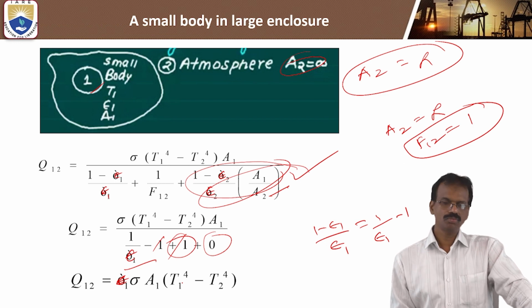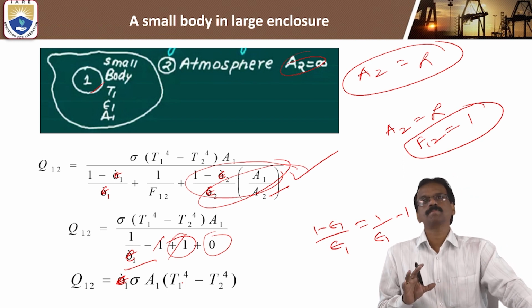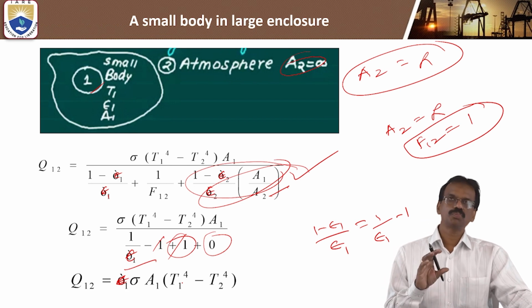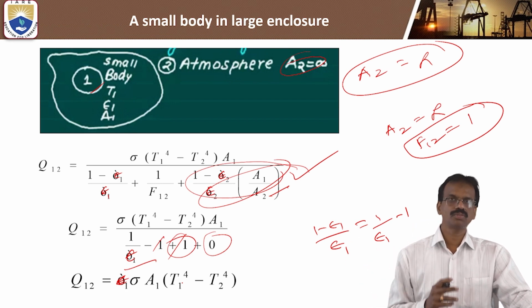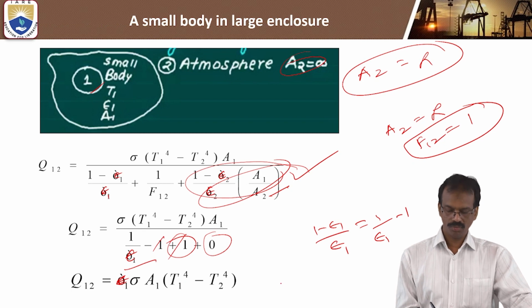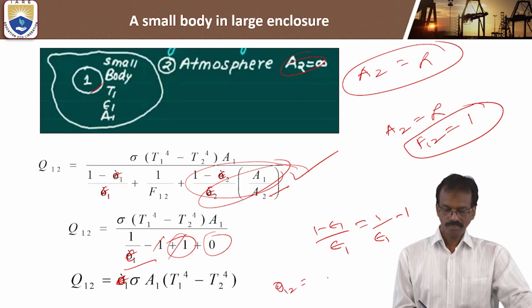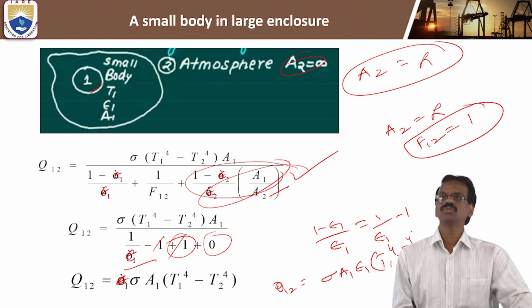So in the case of heat transfer by radiation from a small body to a big enclosure, you can use this formula: Q12 is equal to sigma into area into epsilon 1 into T1 to the power of 4 minus T2 to the power of 4.